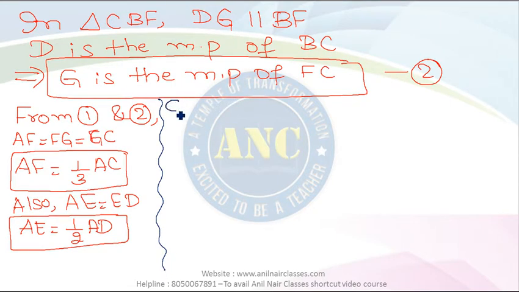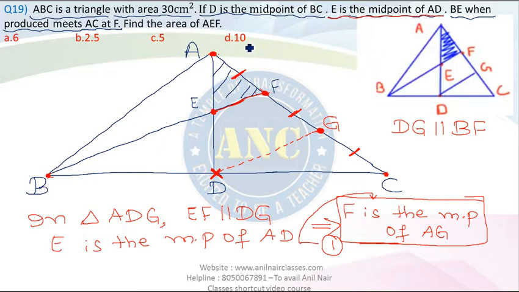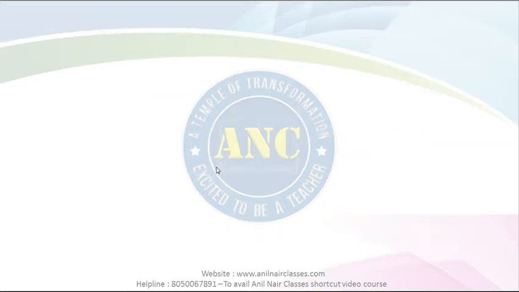What do we need to find? First of all, what is given in the question? The given part is the area of triangle ABC. It is given in the question as 30 square centimeters. Now, what is given once again? E is the midpoint of AD and D is the midpoint of BC. That means this line AD, whatever I have drawn, is nothing but a median, right?